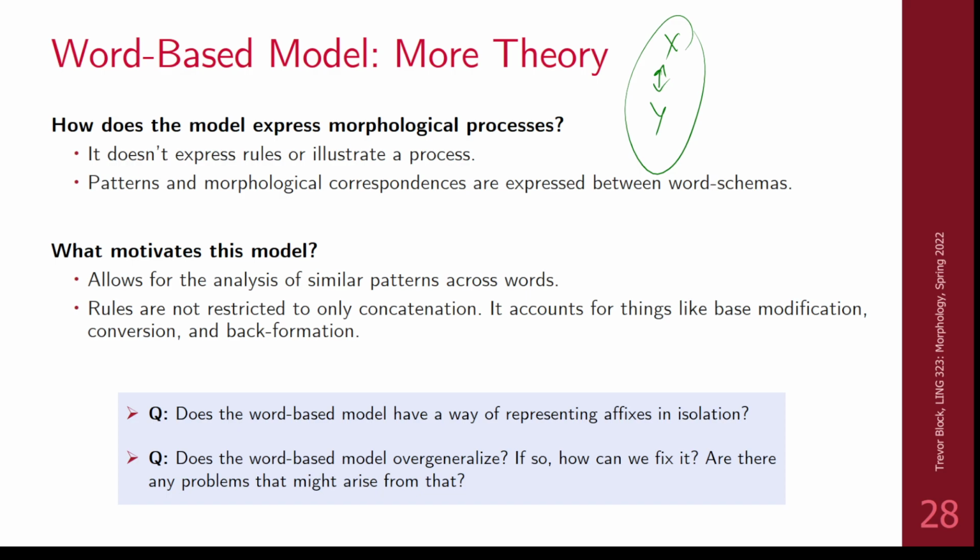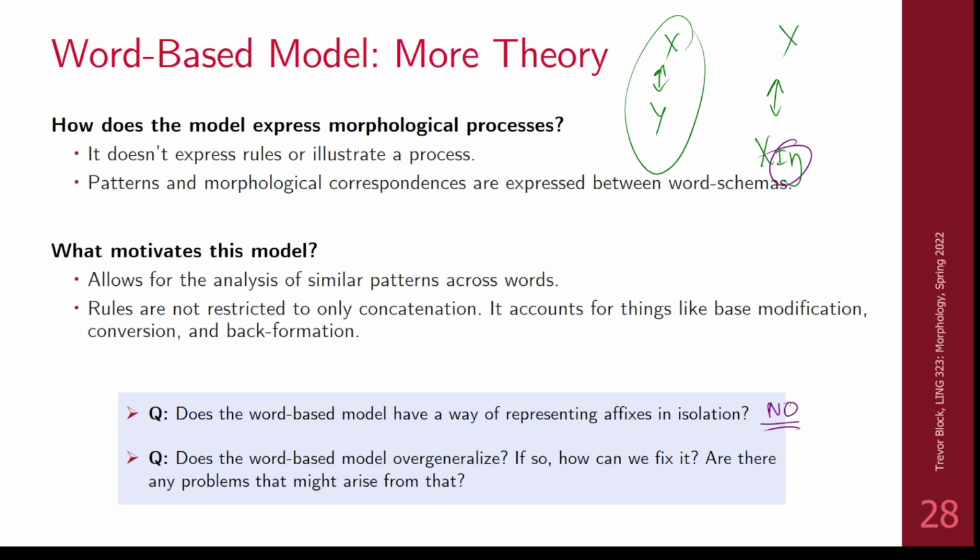So non-concatenative morphology. It can also do concatenative morphology, as we saw with X versus Xing with the jumping example, but it doesn't say that this is a morpheme, that ing. So it cannot represent affixes in isolation, which is a problem for us because we know that they exist.